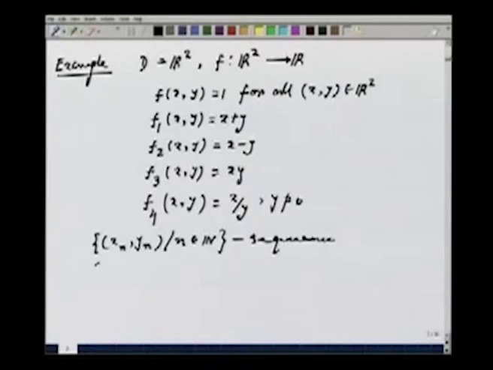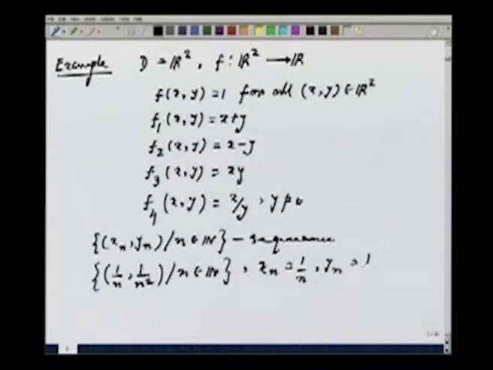To give an example, I can define (1 by n, 1 by n square). This is a sequence of two variables. Here x_n equals 1 by n, y_n equals 1 by n square. I could as well have defined it as 1 by n, then 1 by m, where n and m both are natural numbers.